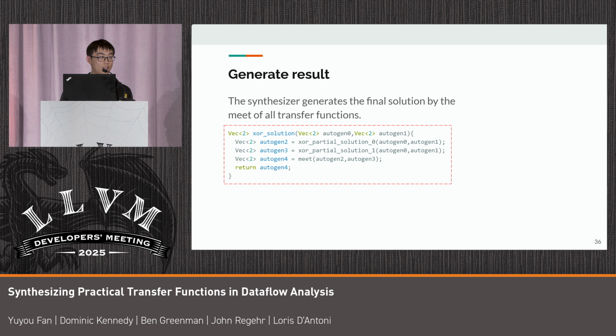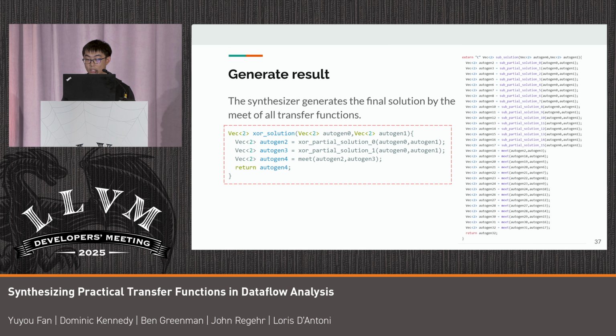So finally, we will end with a solution set with a set of candidates, and we generate C++. This is how we generate C++. We merge the results from all candidates or partial solutions. This is a synthesized result for XOR. It contains two candidates, or two partial solutions, and we emit the result.